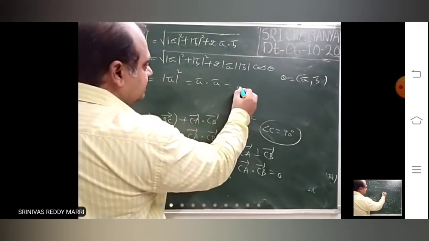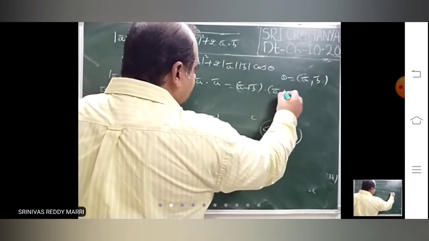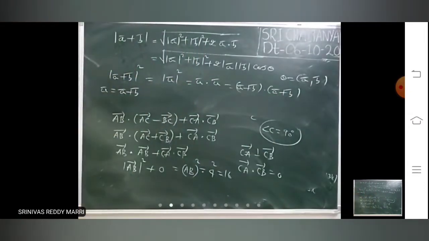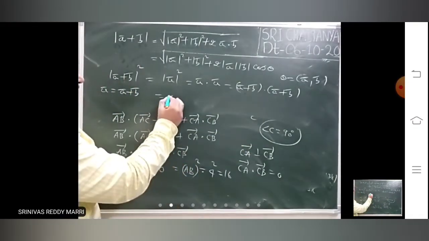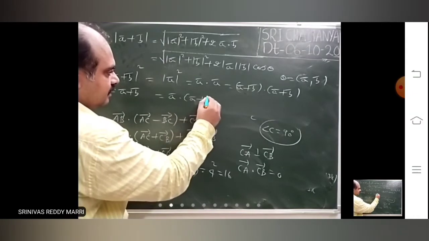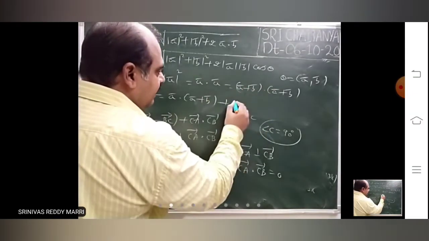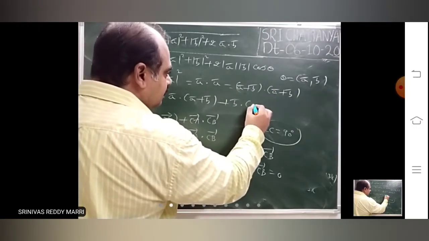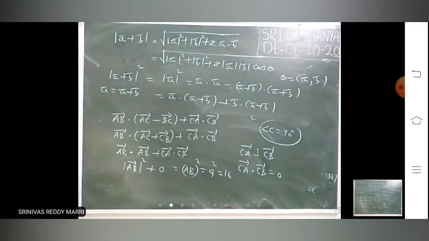That means u bar dot u bar means a bar plus b bar dot a bar plus b bar. That means apply the distribution: a bar dot a bar plus b bar, plus b bar dot a bar plus b bar.